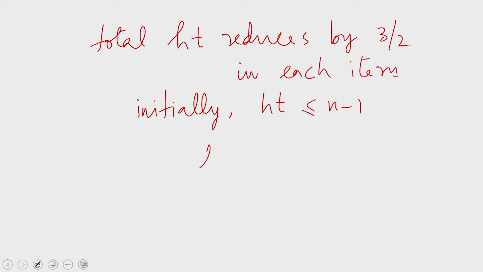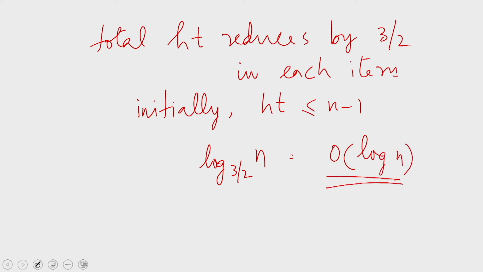So this establishes that the total time required to reduce the height to a constant or to the least possible is log n to the base 3/2, which is order of log n.